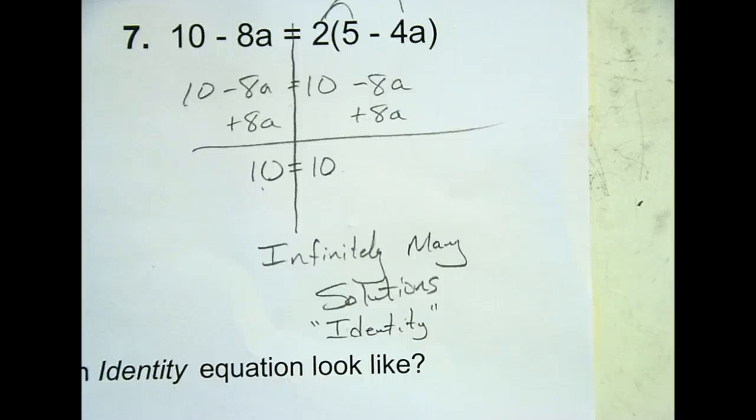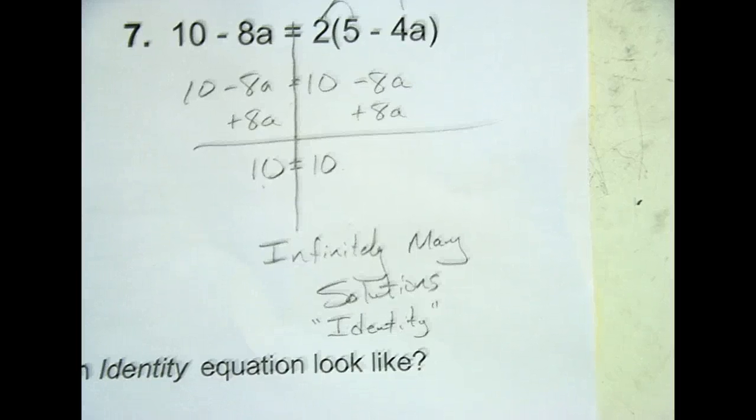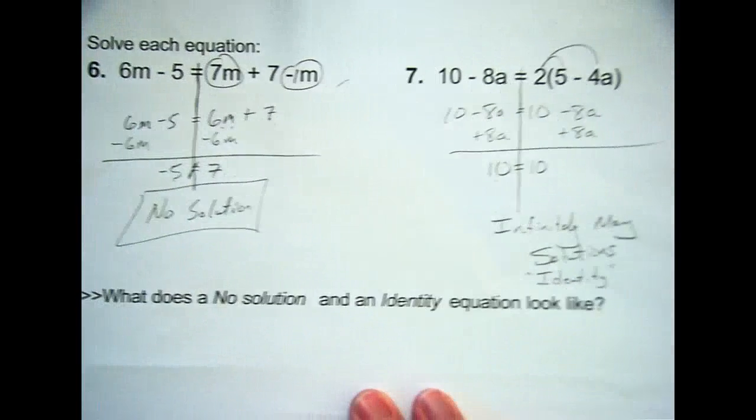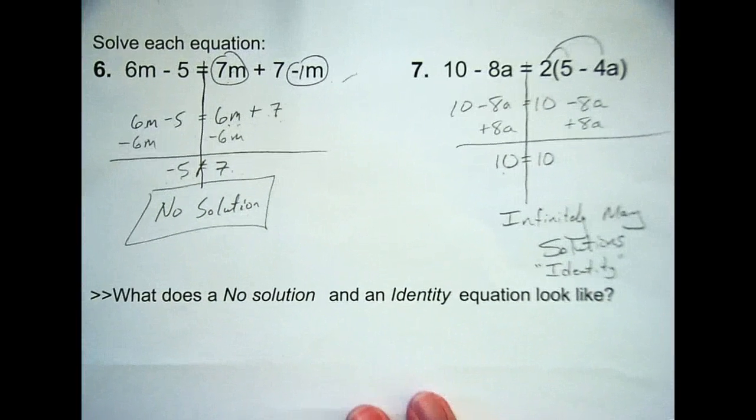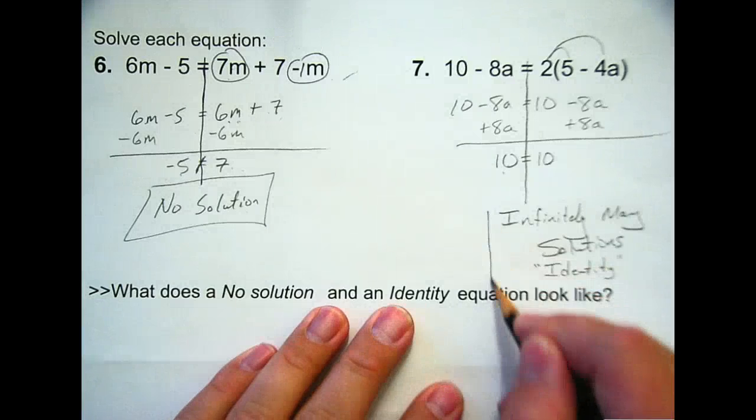Sometimes you might hear it. Infinitely many solutions, also known as an identity. You've been given 2 special cases now. A no solution and an infinitely many. There are similarities about both of those. What's similar about each of them?